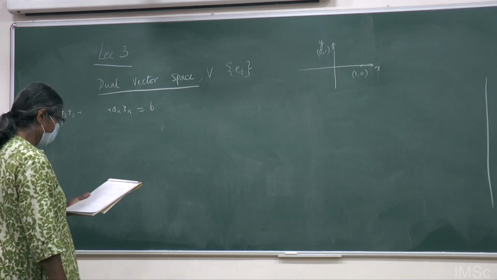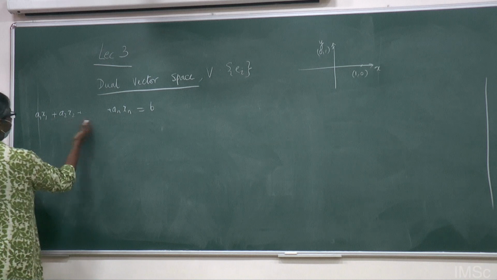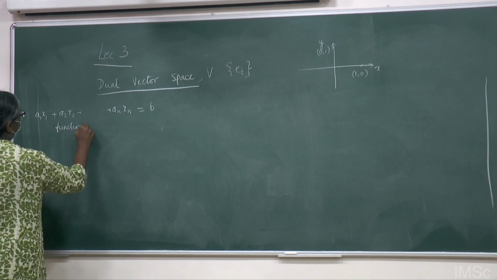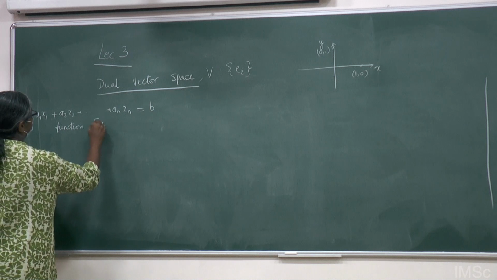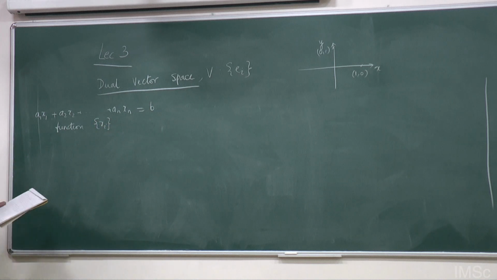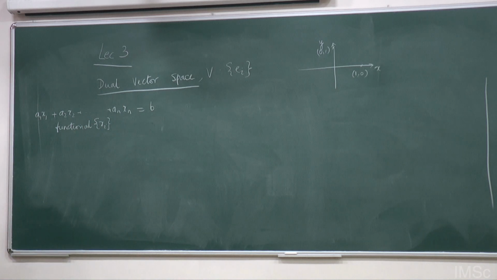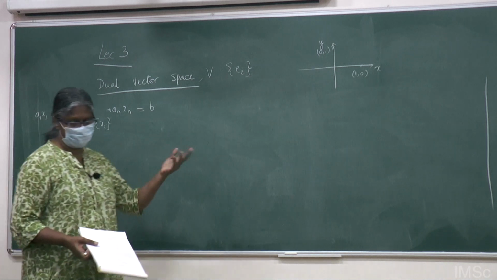If I can think of solving this like this, I call this some function of the vectors xi, and this is usually called a functional. You might have come across it in classical mechanics, right? I am not sure, but maybe you will. It doesn't matter. It's a function of some functions, so it's called a functional.